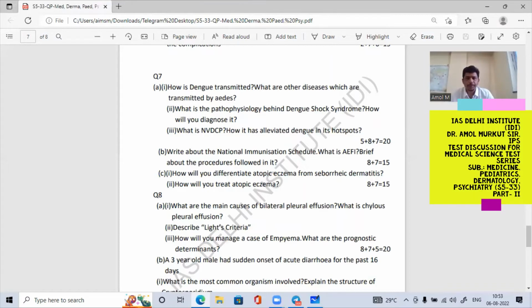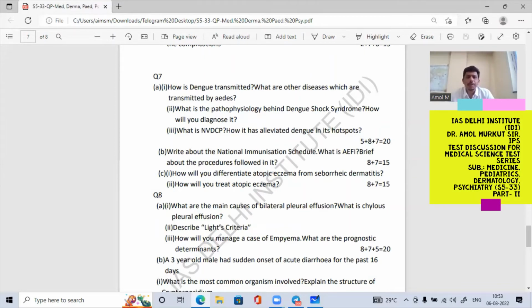Because of this, the annual incidence has come down, and we have had good success in preventing dengue spread. These are the general points, just PSM things you have to write here.